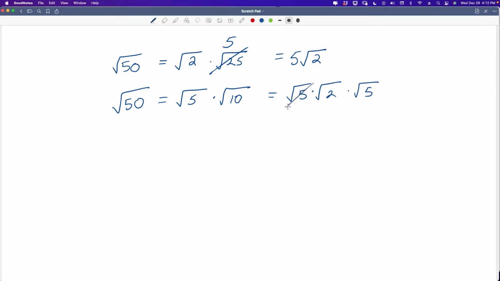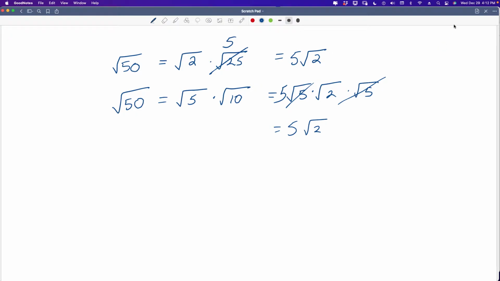Oh, I've got two 5s. Those two 5s turn into one 5 because the square root of 5 times the square root of 5 is 5, right? So then you would still end up with 5 times the square root of 2. So if you don't see the perfect squares within the factors right away, it's okay. You can just factor it all the way out.